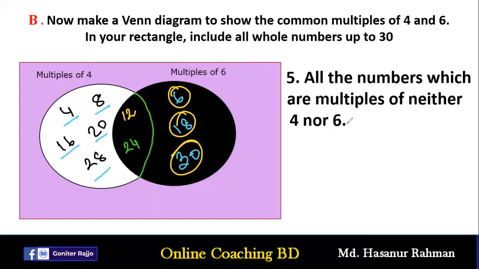Now number 5. Number 5 says all the numbers which are multiples of neither 4 nor 6. So neither 4 nor 6. That means up to 30 we have a lot of numbers: 1, 2, 3, 5, 7, 9, 10, 11, 13, 14, 15, 17, 19, 21, 22, 23, 25, 26, 27, 29.